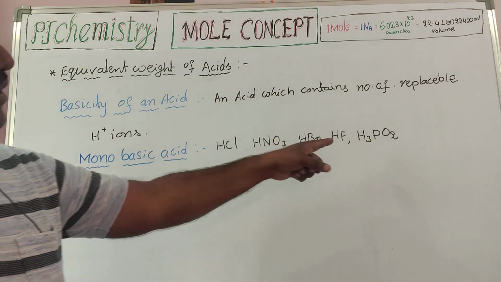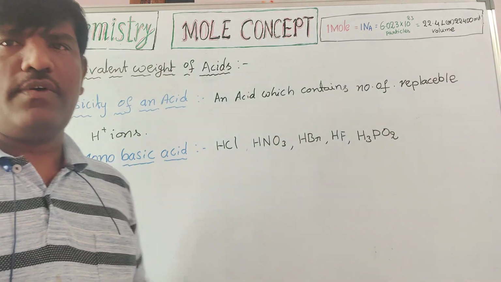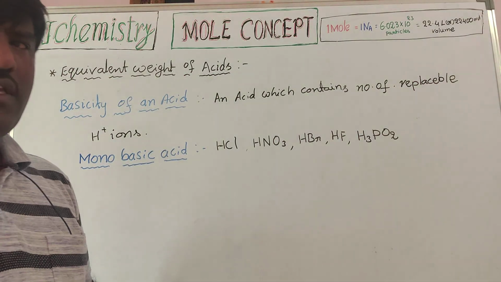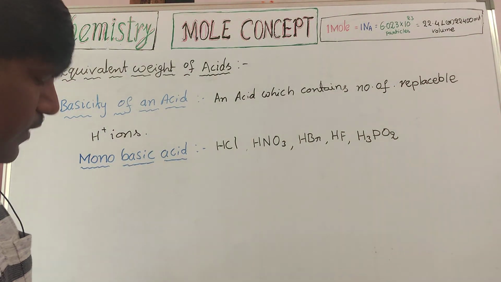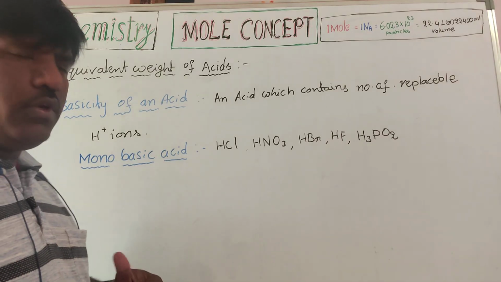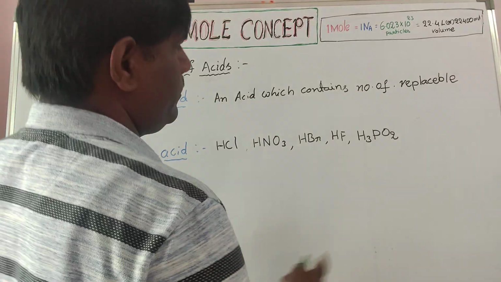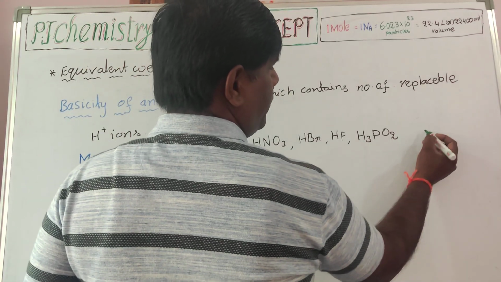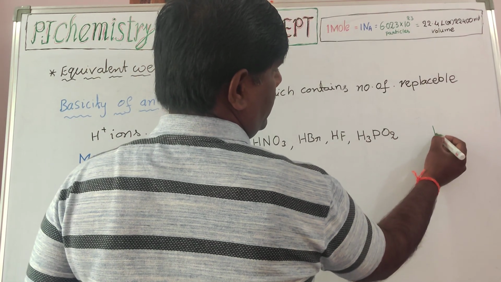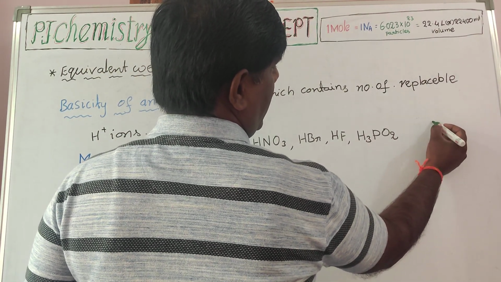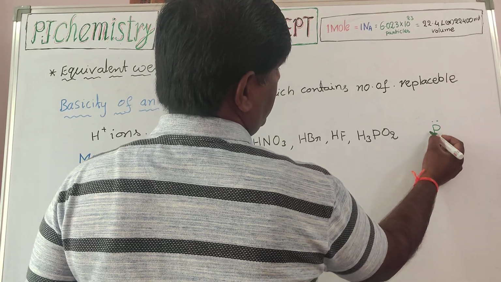For those types of acids, if you go through the structure, you will feel comfortable and it is easy to remember. Phosphorus is the central atom, having a total of 5 valence electrons.